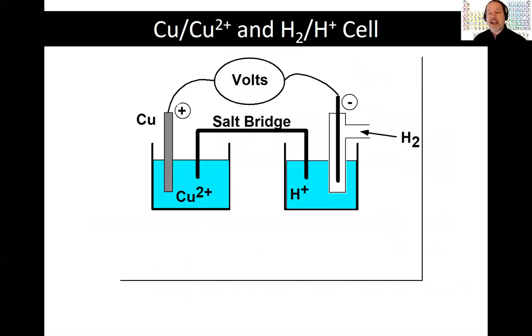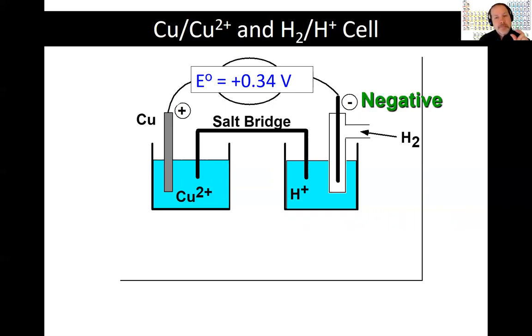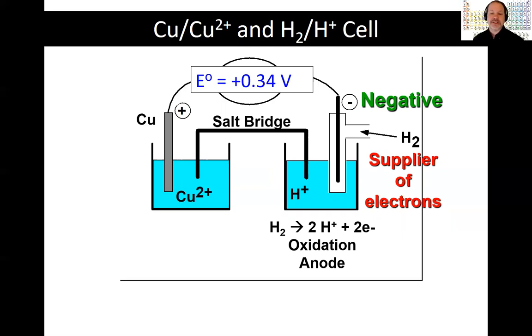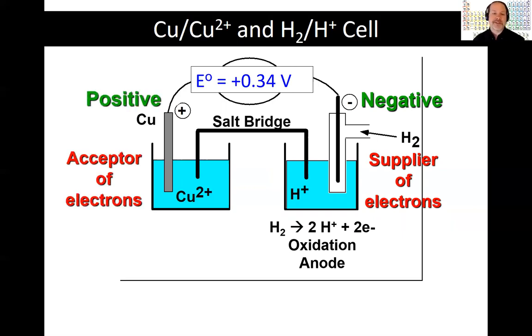All right, when this half reaction, the standard hydrogen electrode, is partnered with copper metal and copper ion, we see something totally different happen. There is a positive 0.34 volts that happens, but this positive voltage happens when the two electrodes are switched around so that the anode is on the standard hydrogen electrode and the cathode ends up being with the copper side.